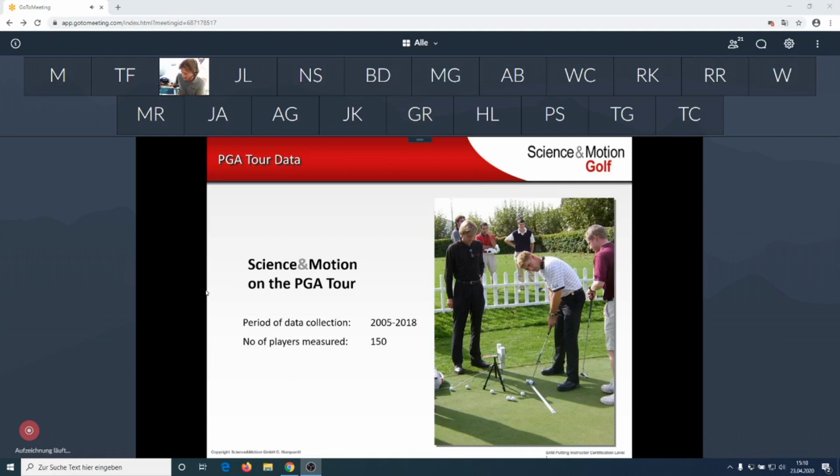There is a disadvantage that you have a receiver unit which you need to place in front of you, but actually the advantage to have accurate data relative to the target is absolutely worth it, in particular if you're indoors, to use a receiver unit. And by going through the data, and we will look at our data afterwards in our reporting, we will also maybe look at tour players, you will see that this makes a lot of sense.